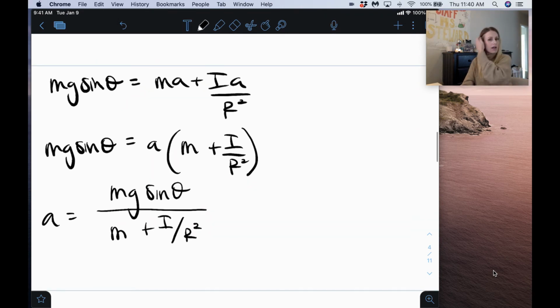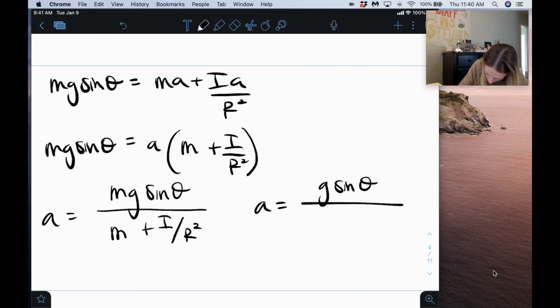Now the book actually divides everything here by m just to make it a little bit more pretty. So if we divide every single term by m, we end up getting an expression that looks like this. Acceleration is equal to g sine theta divided by 1 plus I over m r squared.